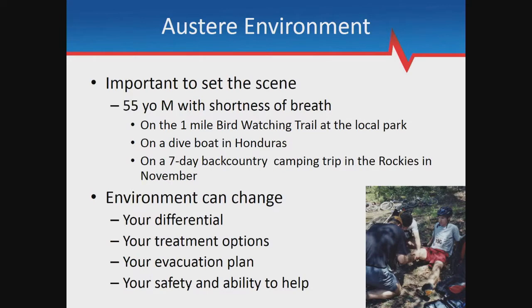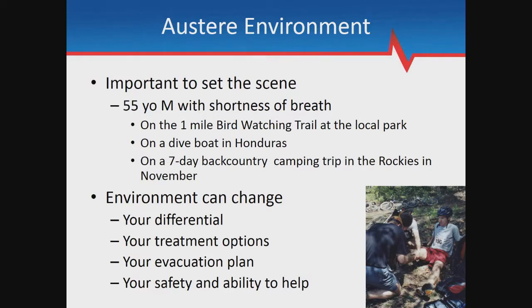It's really important to set the scene when you are writing a wilderness scenario. A 55-year-old male with shortness of breath in the 70-degree fluorescent ER makes you think along one line of differential.